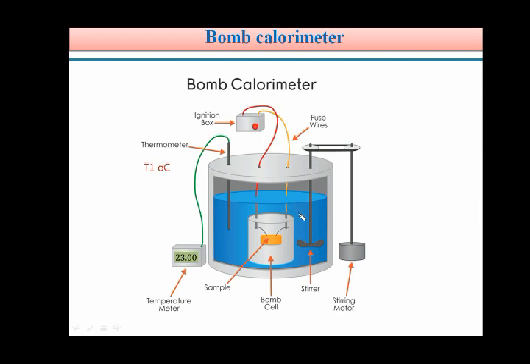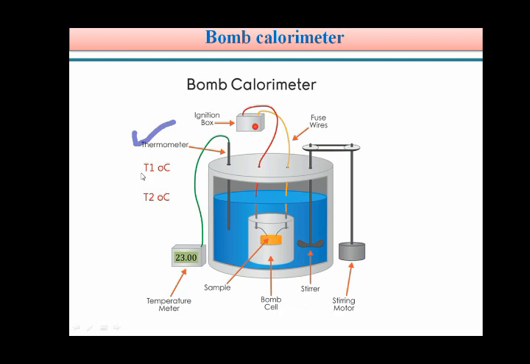The water around the bomb is also heated, so its temperature increases. The raised temperature is recorded with the thermometer as T2 degree centigrade. With T2 and T1 we can calculate delta T, and you can substitute that value in the formula.